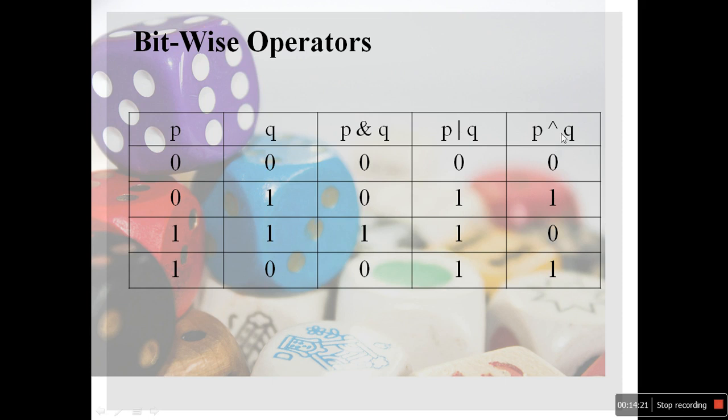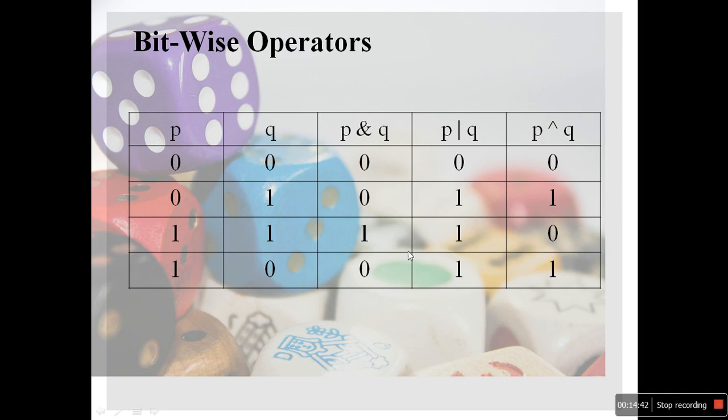And now this is the XOR gate. What is the condition of the XOR gate? If both inputs are the same, like 0 and 0 are the same, so my result will be 0.